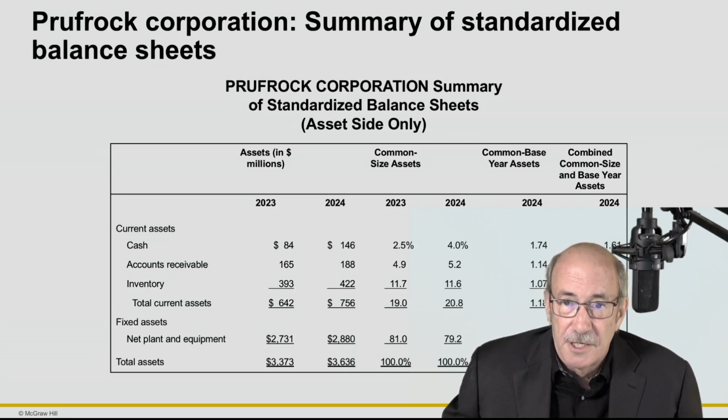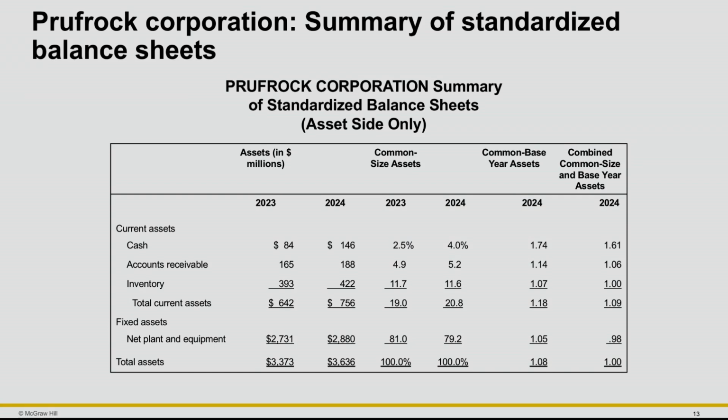All right, so in this slide, again, I've got to get back out of the way because I'm blocking part of this. All right, so here again we have our year 23 and year 2024. Now, here are the amounts that you are already familiar with from the prior slides, all the way down to total assets here.